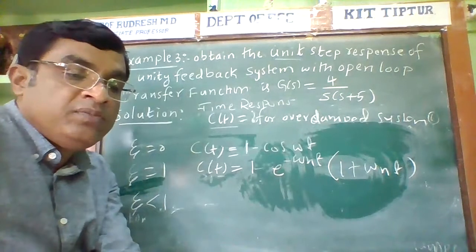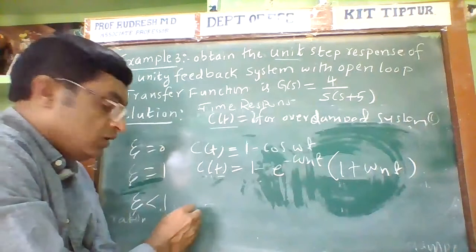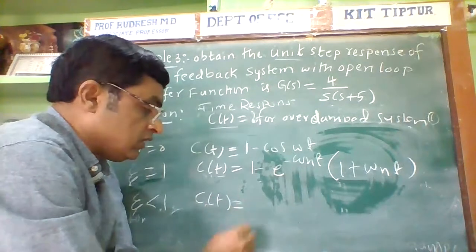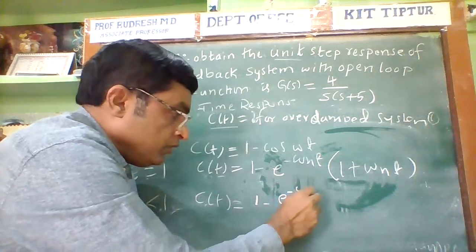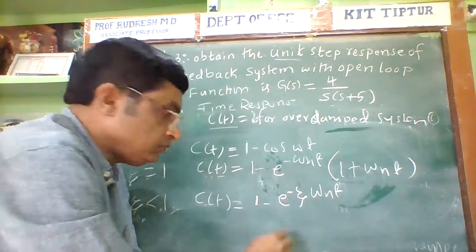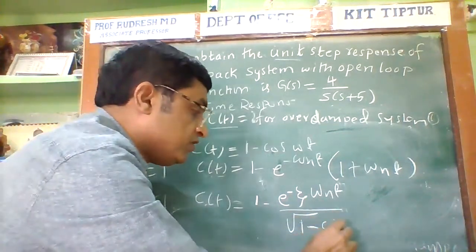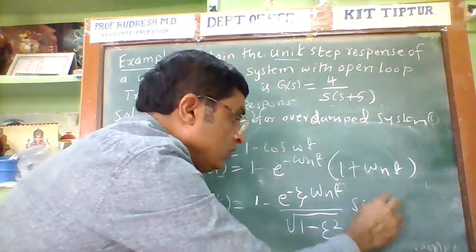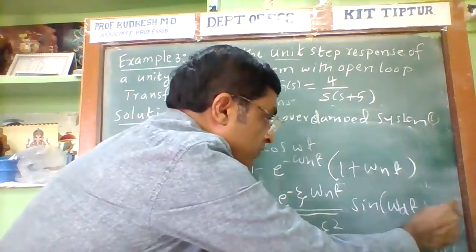Similarly, for the underdamped system, where zeta is less than 1, the C of t value comes from the derivation. This is the equation: 1 minus e power minus zeta omega n t divided by square root of 1 minus zeta square, into sine of omega d t plus theta.